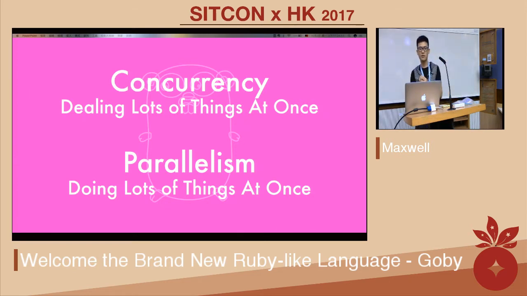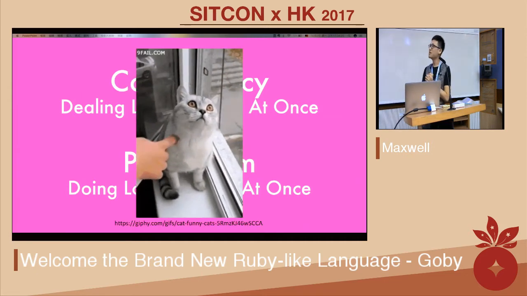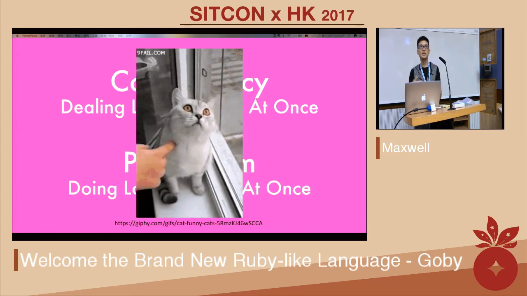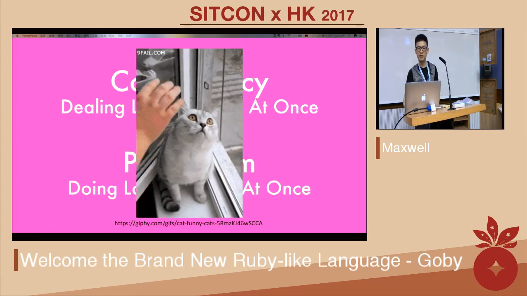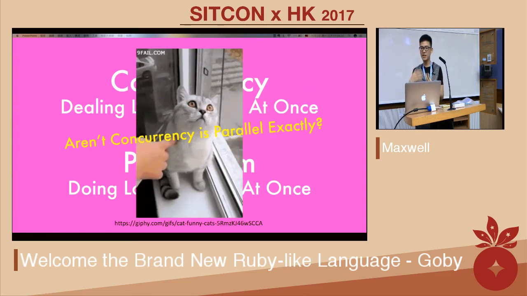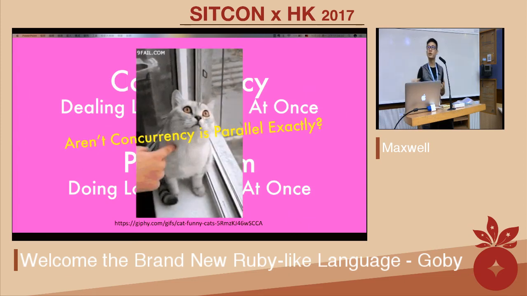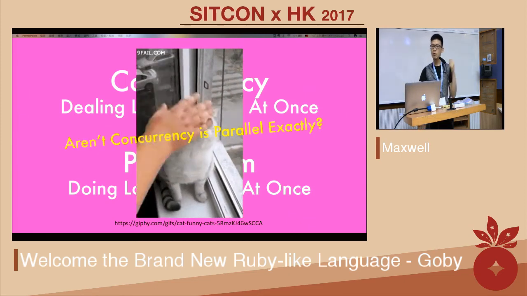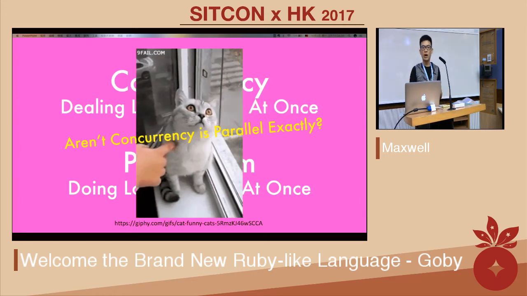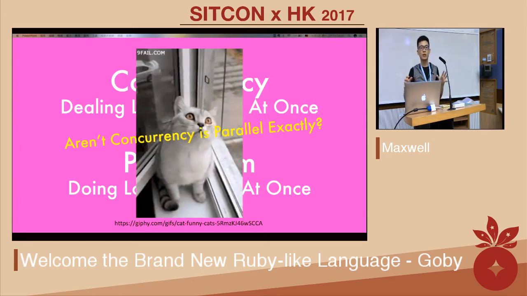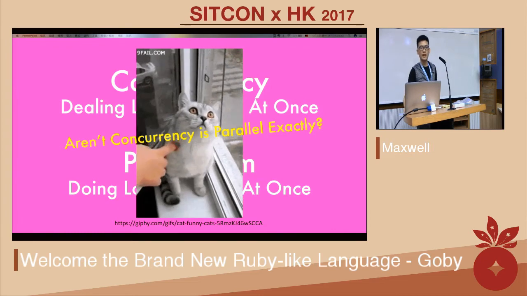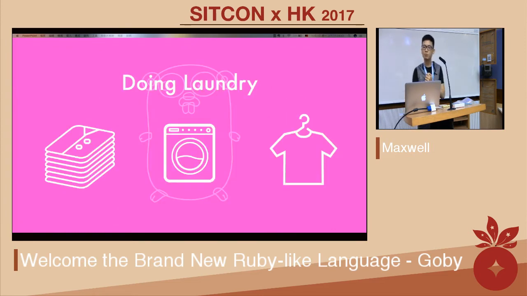However, parallelism is doing lots of things at once. That is very hard to understand, because aren't they exactly the same thing, given their definitions? So in order to illustrate the difference between these two terms, let's take doing the laundry.